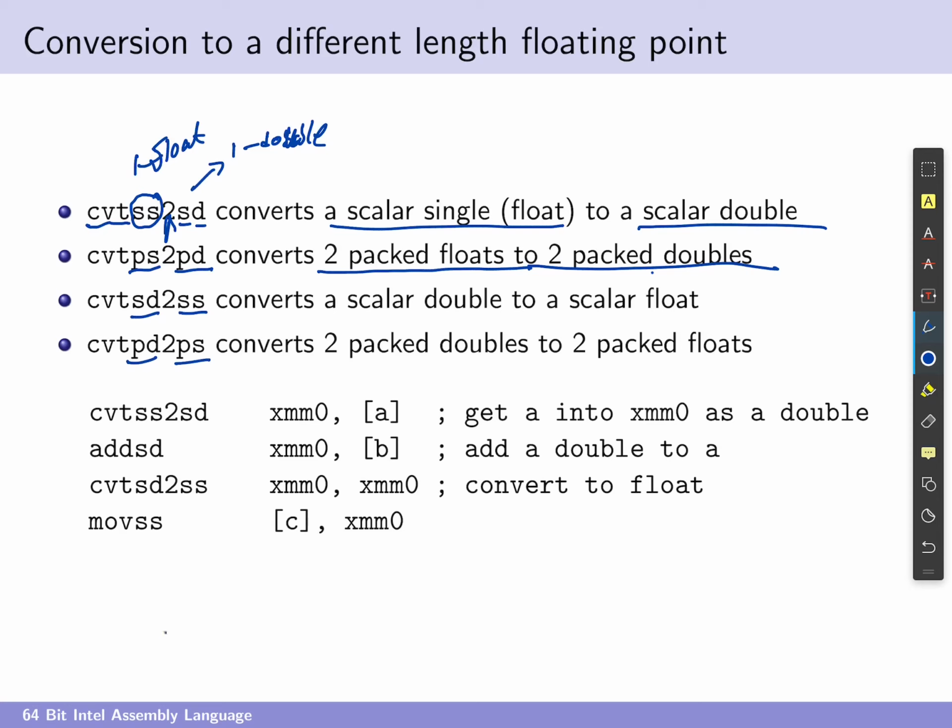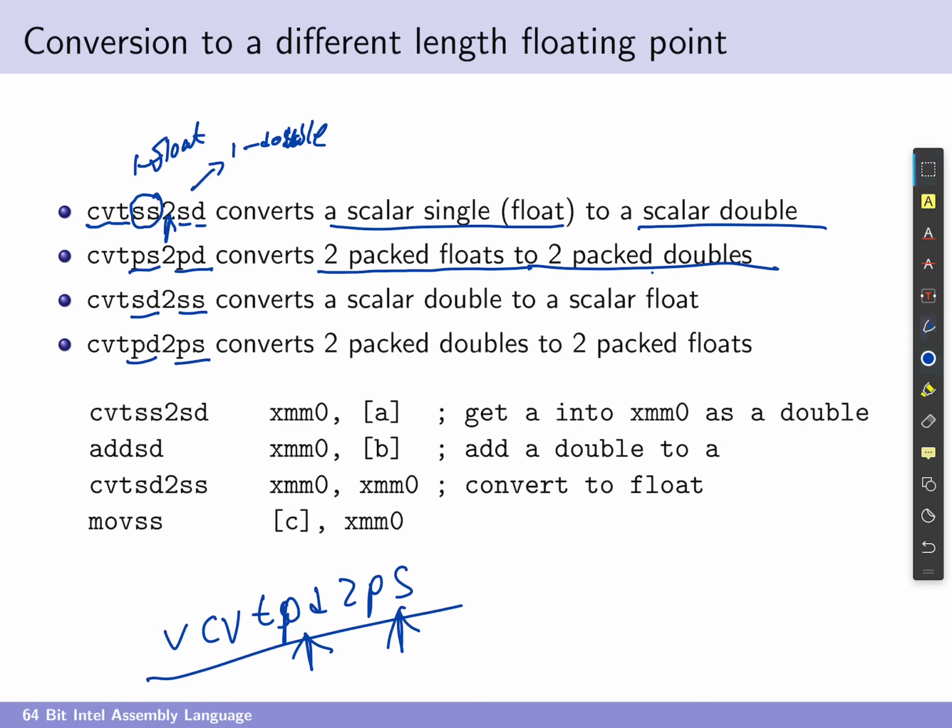If I wanted to work with the YMM registers, I would simply add a V. So it could become quite a lengthy expression. I could, for example, do this, which would convert 4 packed doubles into 4 packed floats. But for the most part, you don't have to worry too much about that version of the instruction.